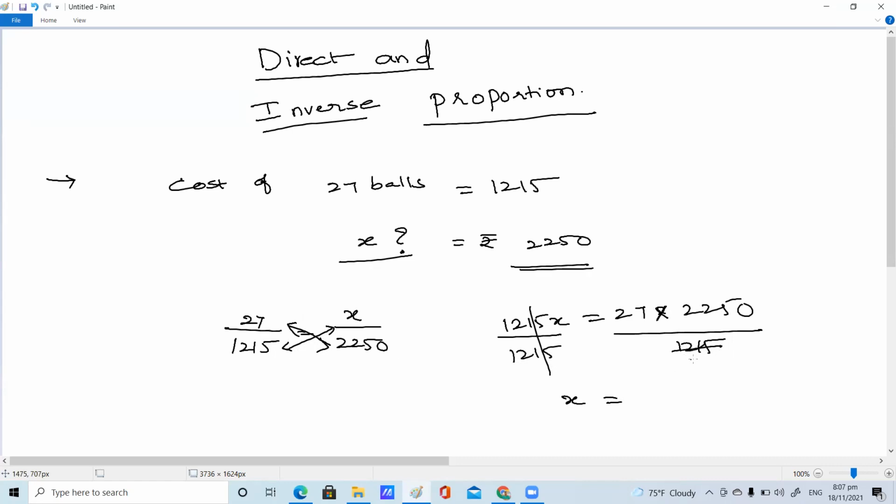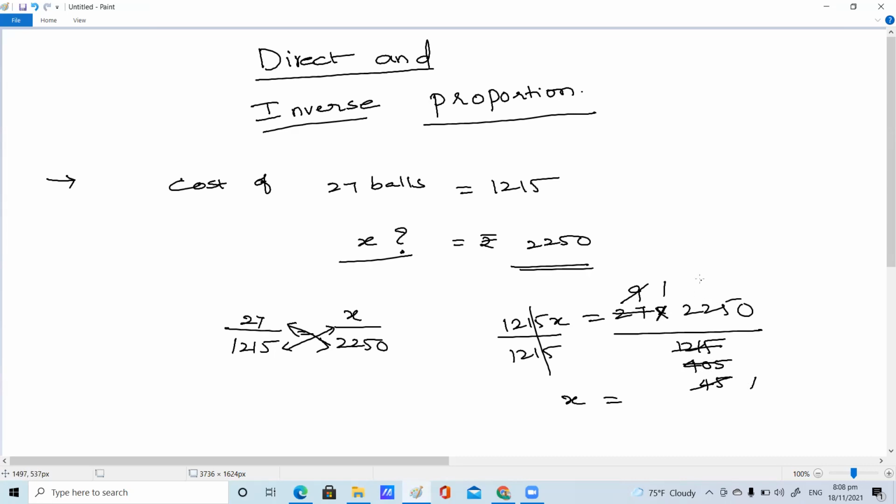12 and 15, which table will it go to, children? 12 and 15, ma'am, 3 table. 3 4s are 12. Don't write 5 directly. 3 4s are 12, not 5. You're taking two numbers together. 9 4s are 36, 9 5s are 45. 45 1s are 45, 45 2s are 90, 180.